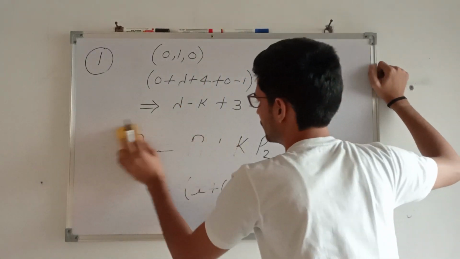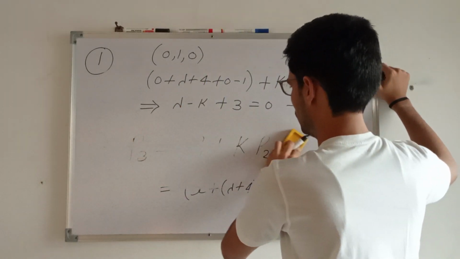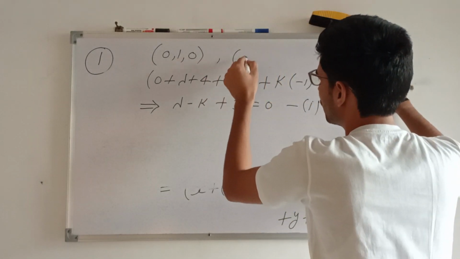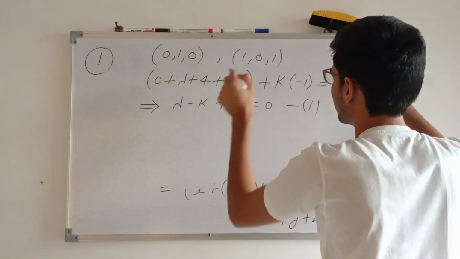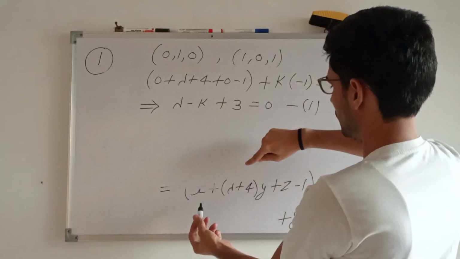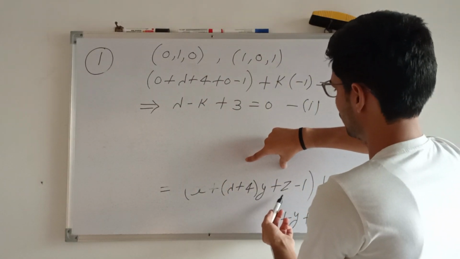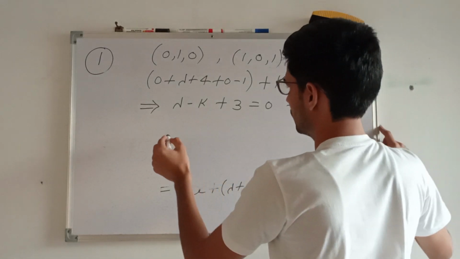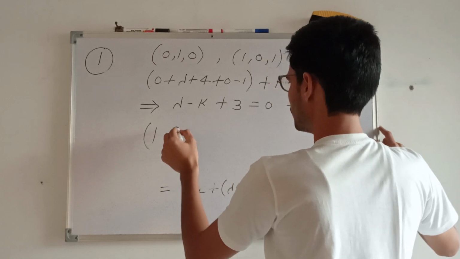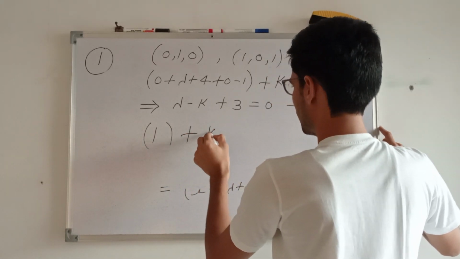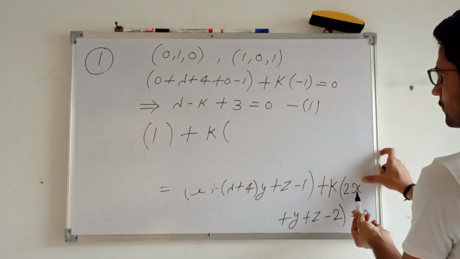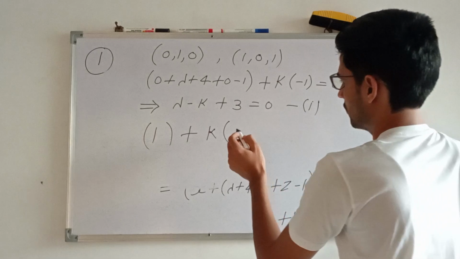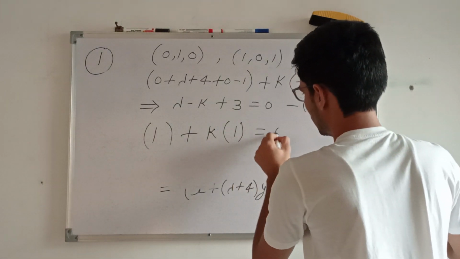Another point is 1, 0, 1. Okay, we'll keep this equation. Put this point, x 1, y 0, z 1. So this will become 0 plus 1 plus 1, 2 minus 1 will be 1, plus k into 2 plus 0 plus 1, 3 minus 2 is 1.